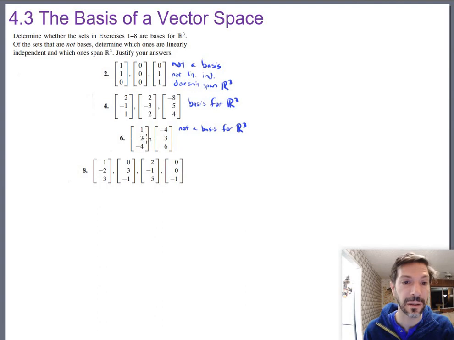So these 2 are linearly independent. If you really wanted to, you could stick them into a row reducing tool as one matrix and see that there are 2 pivots. But anyway, not a basis, but it is a linearly independent set, and it does not span R3.